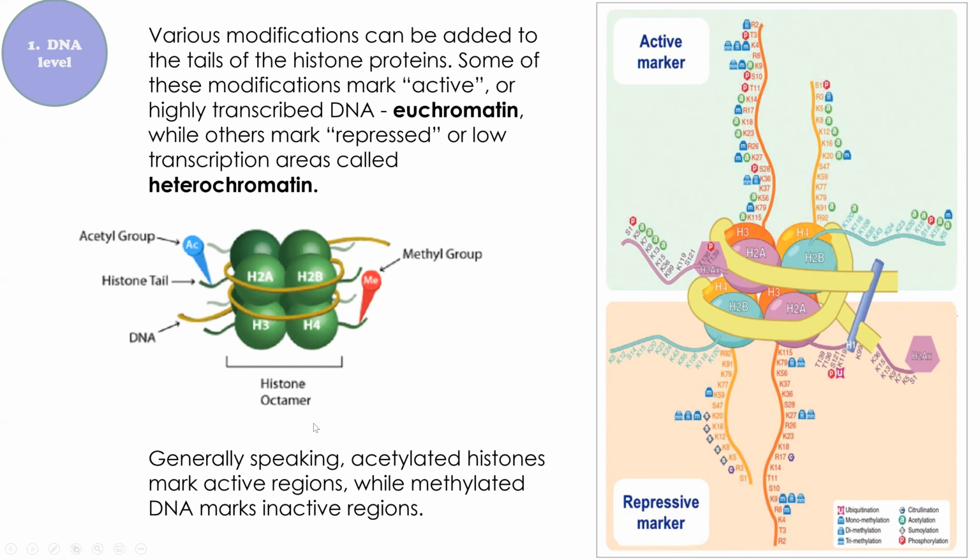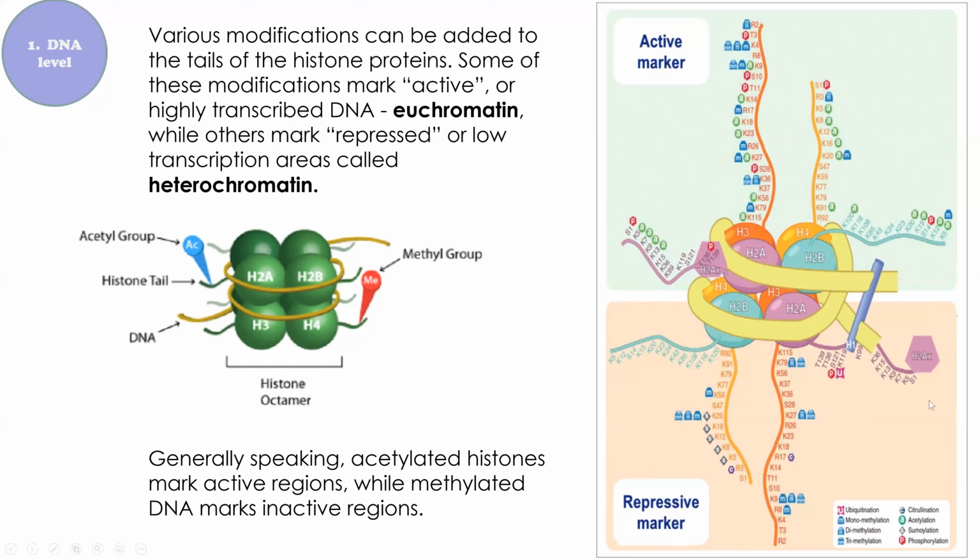And generally speaking, acetylation is going to mean a more active region. So again, everything in the top part are active markers. Notice there's just quite a bit more acetylation going on up here. And again, generally speaking, we attribute this more heterochromatin state to methyl groups.